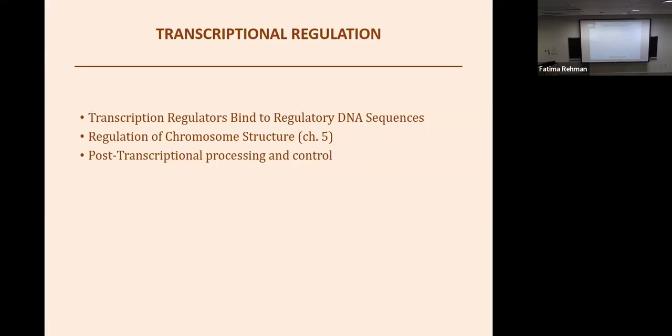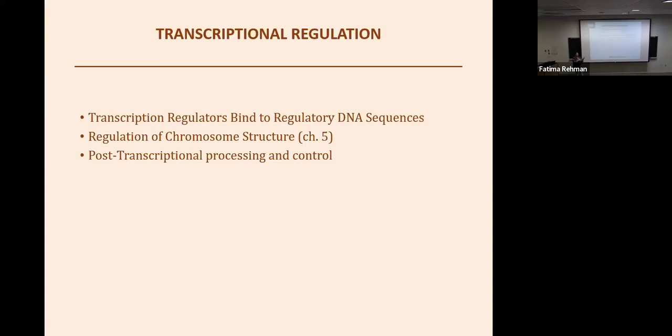So the first one that we're going to be talking about is transcriptional regulation. In transcriptional regulation, there are, again, several different ways that it can be controlled. The biggest one is obviously regulation by different molecules, regulators, whether they're repressors or activators of transcription of a particular gene. And this is done through repetitive sequences.